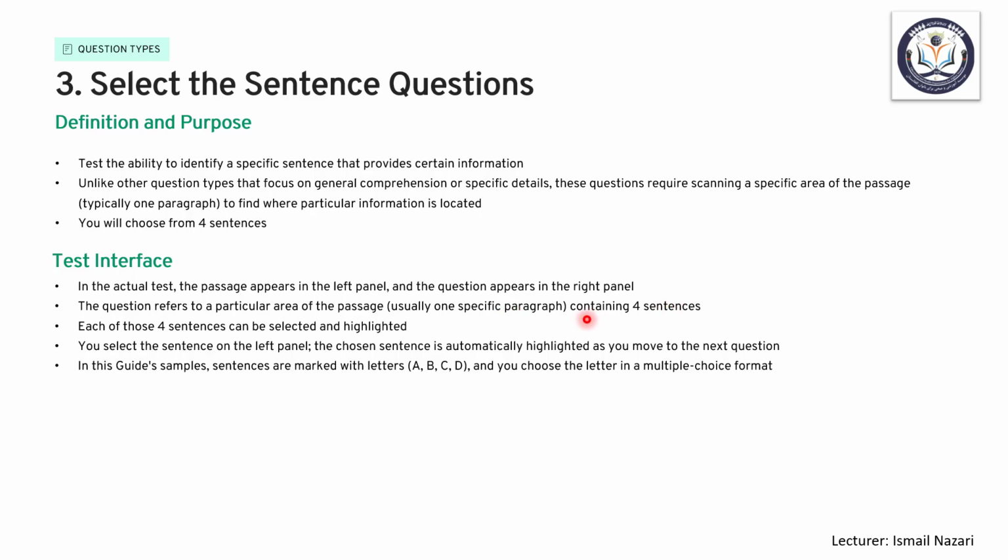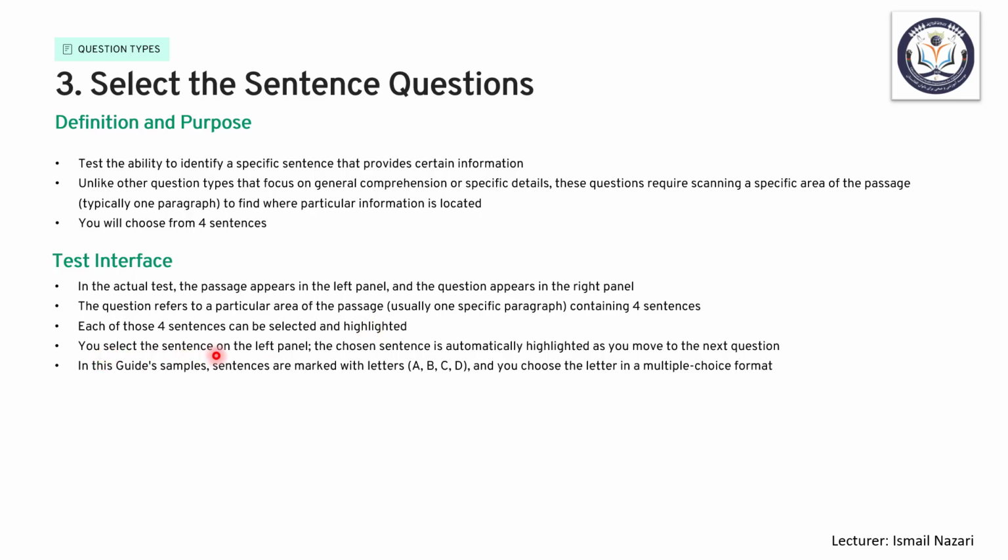That specific paragraph may have 4 sentences, and those are the answer choices. Each of those sentences can be selected and highlighted. The other sentences inside the passage cannot be selected. Specifically, only those 4 sentences can be selected and highlighted.